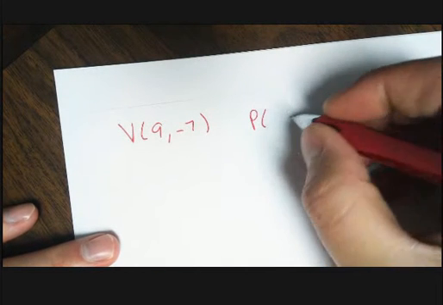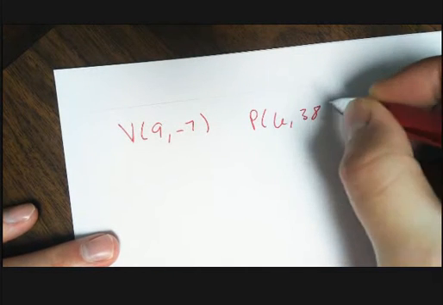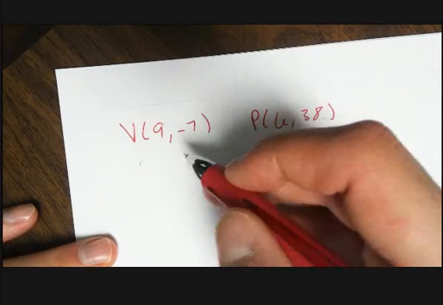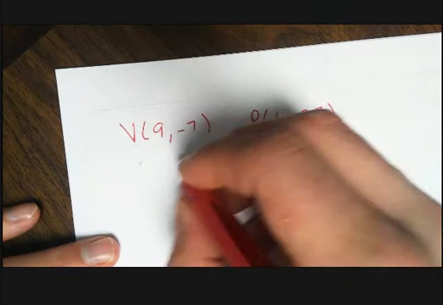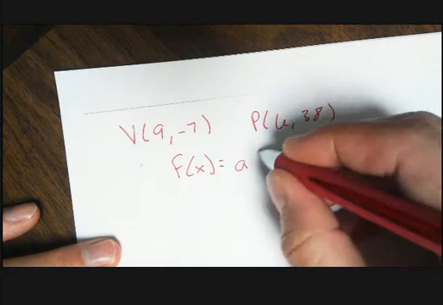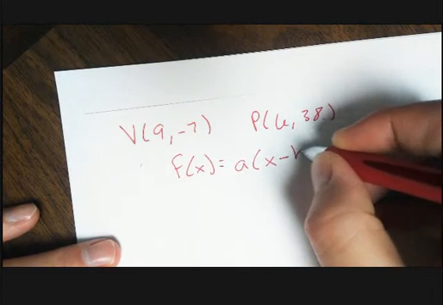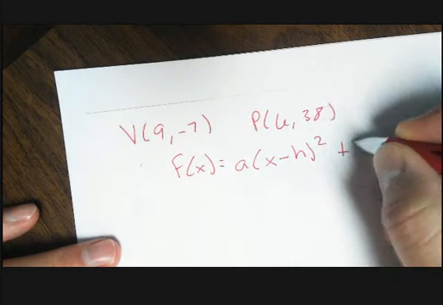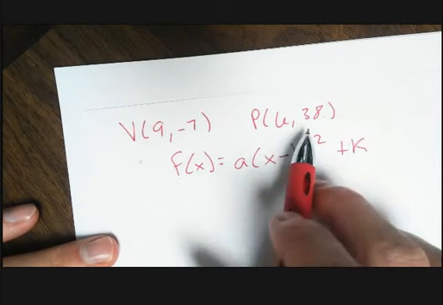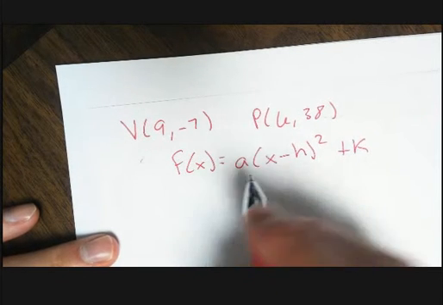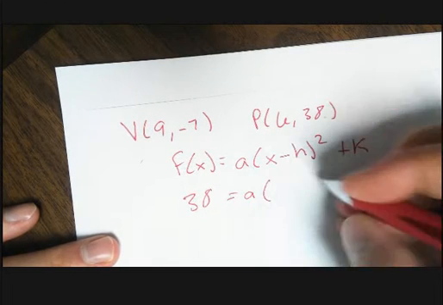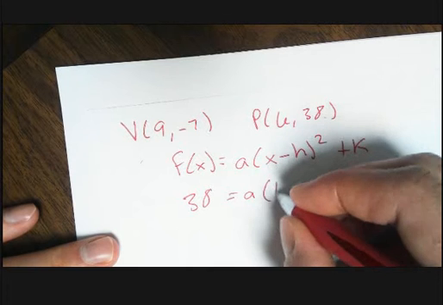Well, if you remember what the equation for vertex form is, and I'm using vertex form momentarily because I'm given the vertex, it is f of x equals a times x minus h squared plus k. Well, f of x and x are just the point. H and k are the vertex, so we're missing our a, so we're going to try to solve for a here first, because we can't do anything without that a.